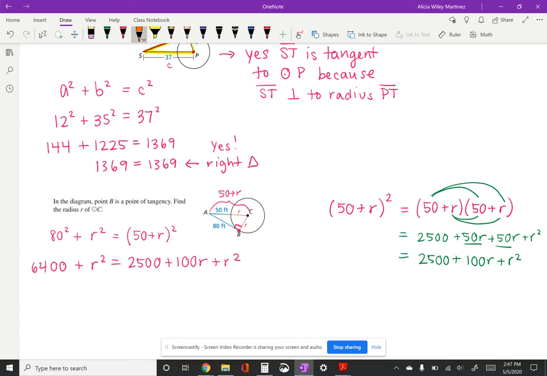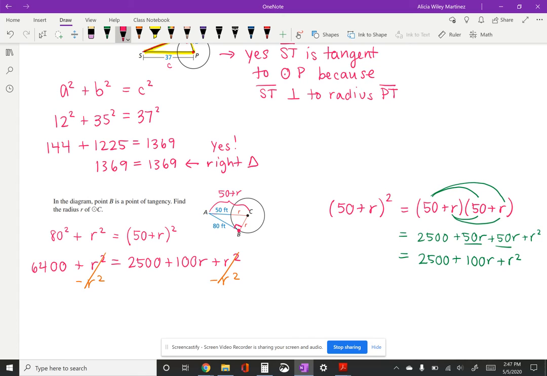So when I go to solve for R, I want to try to get R all by itself. What I notice is I have a positive R squared here and a positive R squared. If I try to combine that, so moving this to the other side, subtracting R squared on both sides will cancel this out and cancel that out. So that's good.